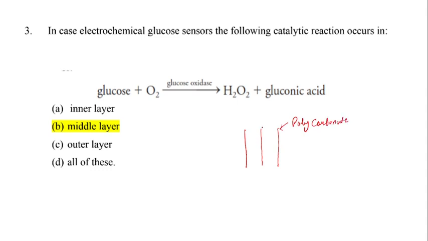The second layer is made of an enzyme, and the innermost layer is the layer which permits only very minute elements, and it is generally made of cellulose acetate. Okay, so these are the 3 layers.